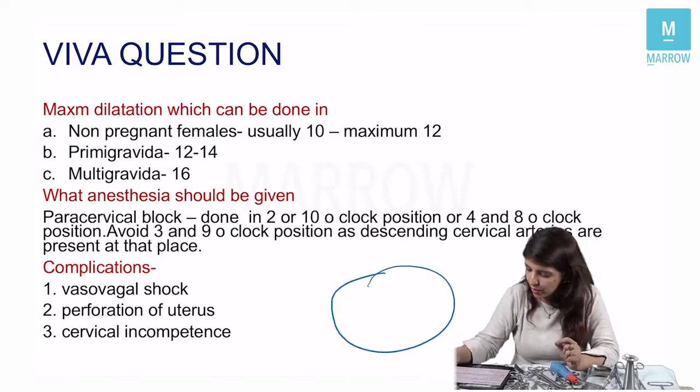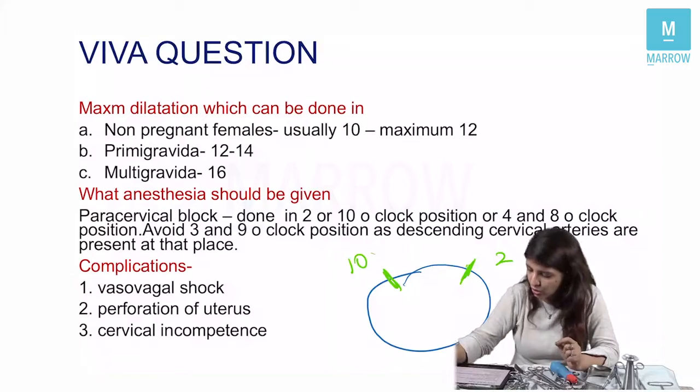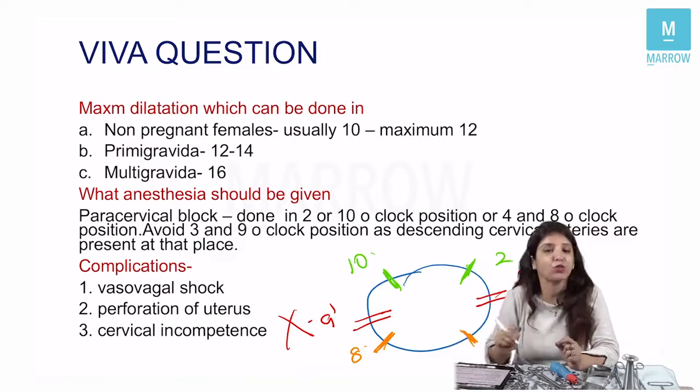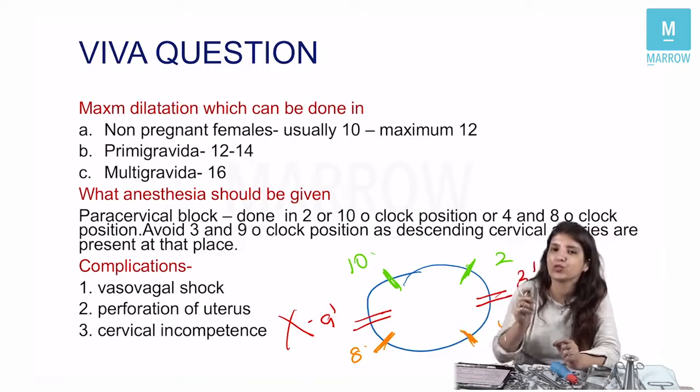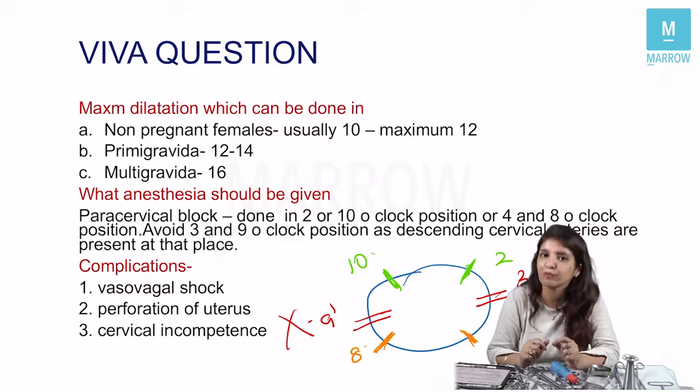You never give a paracervical block at 3 o'clock and 9 o'clock position. Why? Because the descending cervical arteries are present at 3 o'clock and 9 o'clock position.